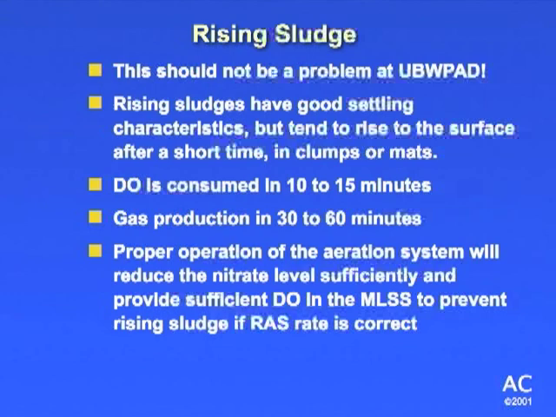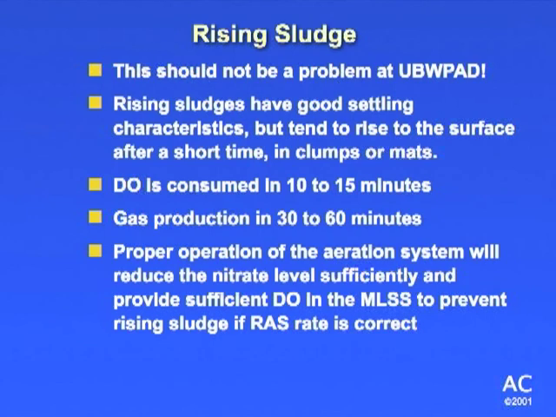What happens is DO is consumed in 10 to 15 minutes, and your gas production is in 30 to 60 minutes. So proper operation of the aeration system is going to reduce the nitrate level sufficiently and provide sufficient DO in the MLSS to prevent rising sludge if the RAS rate's correct.